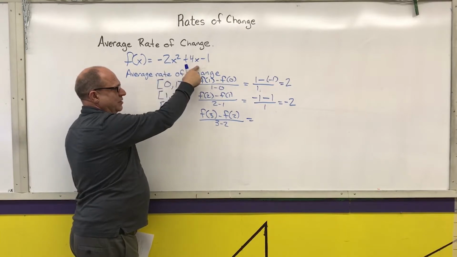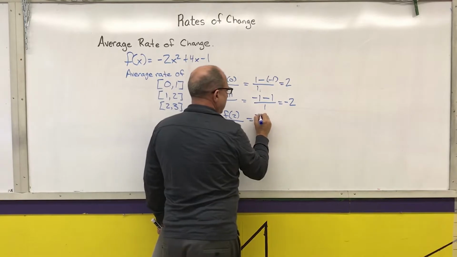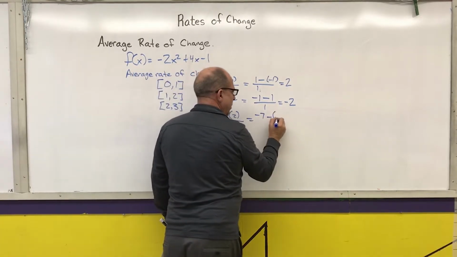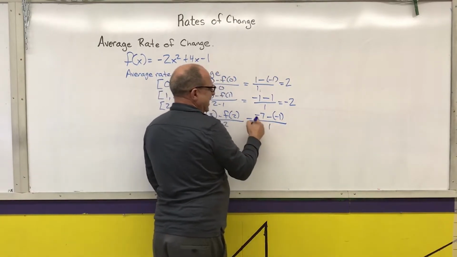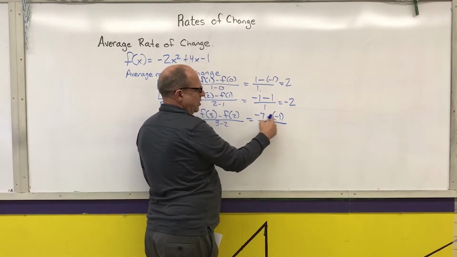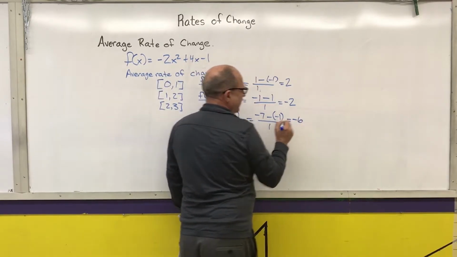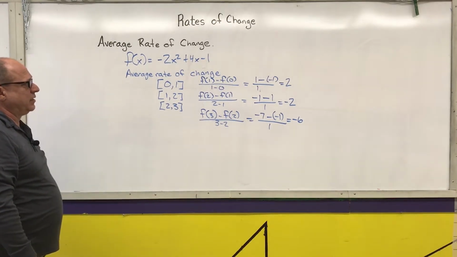Negative 18 plus 12 is negative 6. Minus 1 is negative 7. F of 2 we found out was negative 1. All over 3 minus 2, which is 1. Negative 7 minus a minus 1 is negative 7 plus 1, or negative 6. So the average rate of change of the function on that interval would be negative 6.